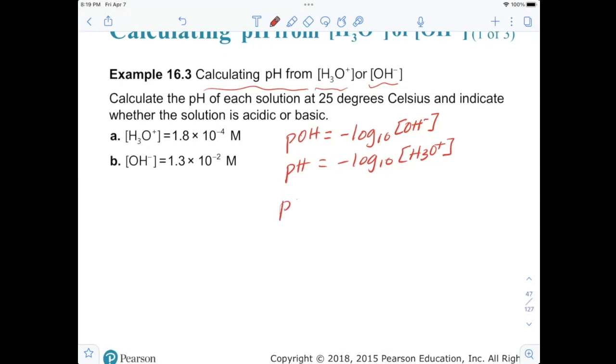And for that reason, pH plus pOH is equal to 14. Having these three formulas right here will really help you as you navigate through solving for pH using the H3O plus and the OH minus.